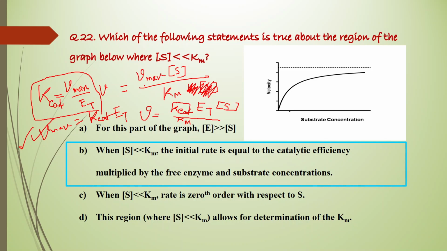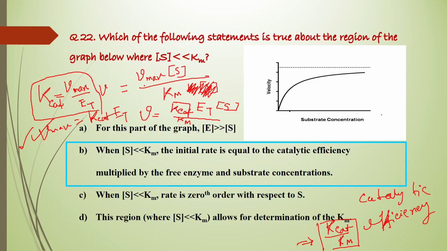So this Kcat by Km, again you have to remember, catalytic efficiency is defined as Kcat divided by Km. This is your catalytic efficiency.